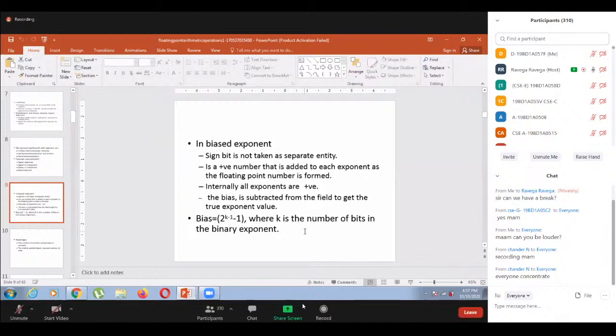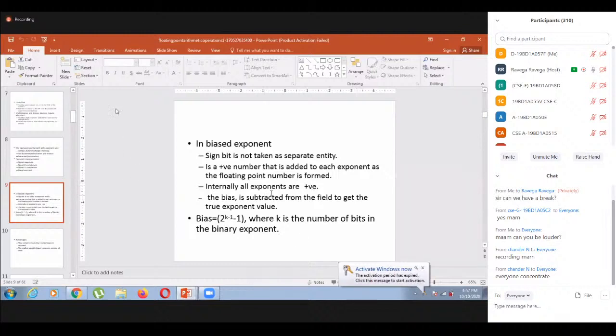Coming to the biased exponent, in this exponent value, a positive number is added to each exponent as the floating point number is formed.